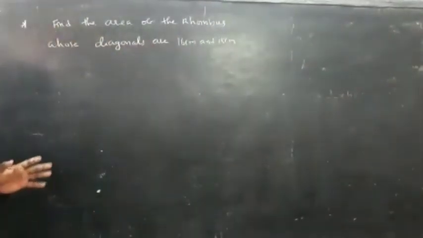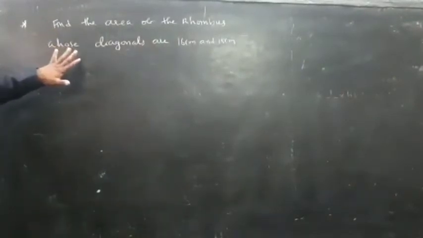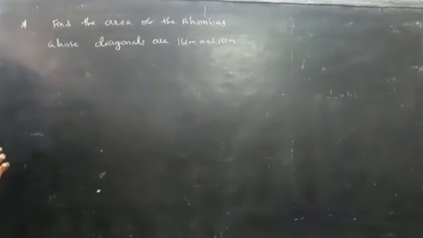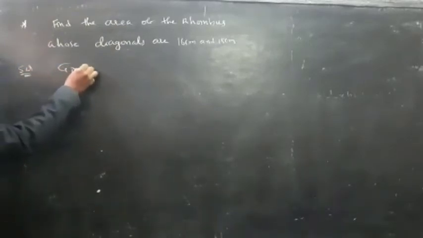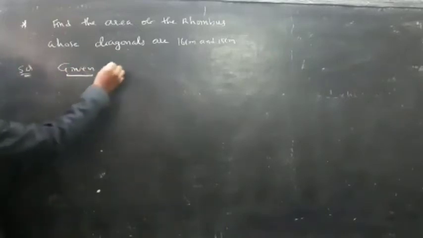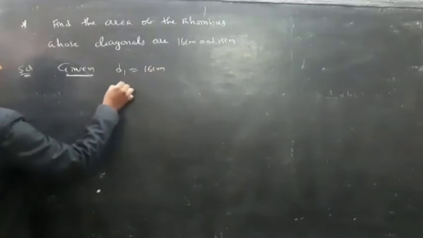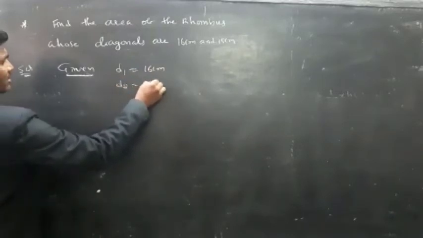Here is another question. Find the area of the rhombus whose diagonals are 60 centimeters and 15 centimeters. In the solution, first write what is given. Length of the first diagonal d1 is equal to 60 centimeters and d2 is equal to 15 centimeters.